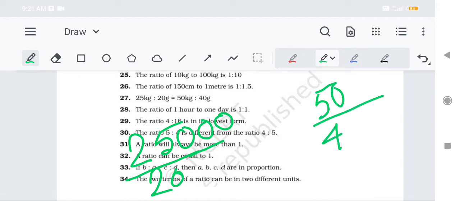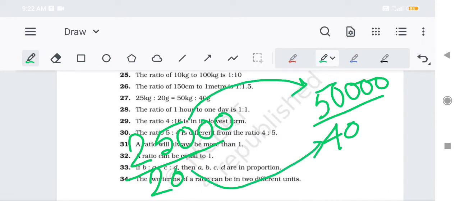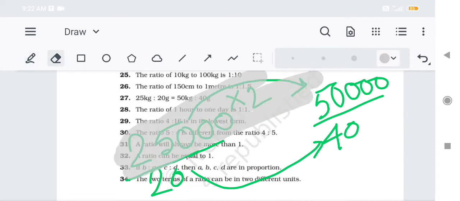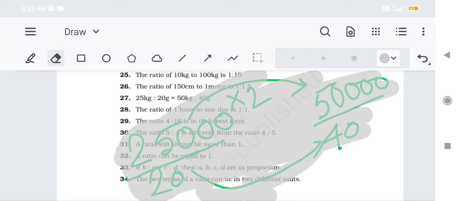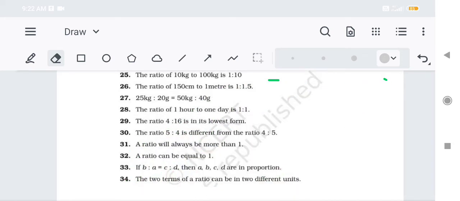So it will be better if you simply convert that 50 kg to gram. Here I have done so. Now you can see 25,000 has become 50,000, 20 has become 40. So we don't even need to reduce it. We can understand that both of these are multiplication by 2. Now see, this given statement is again true. Let's come to the next sum.